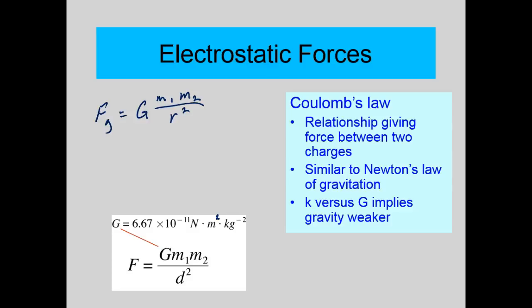I thought they did, but I don't see it. If you go back to when we studied Newton's law of gravity, you'll see that the G is Newton meter squared per kilogram squared, okay? They left that out. The typesetter messed it up. Let's see if I can find that.